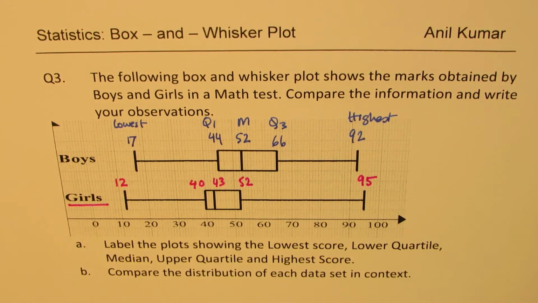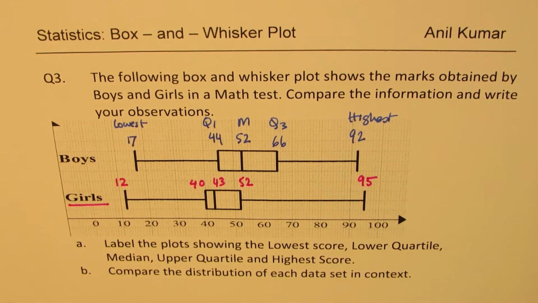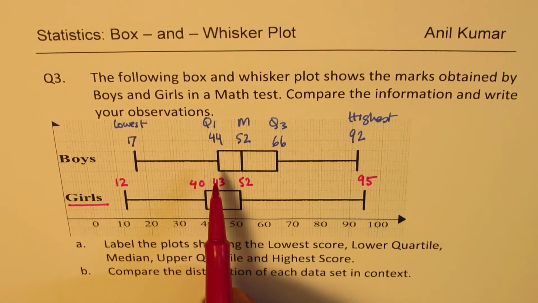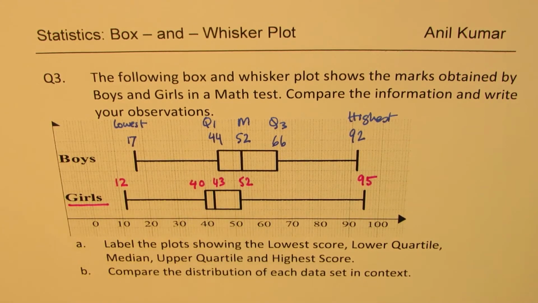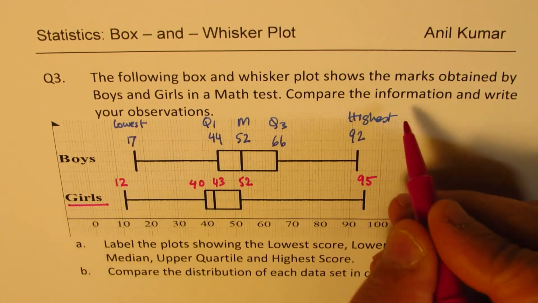Now, whenever you're trying to compare, it is better to use the technical terms and then write down the description, right? So this block here represents the most representative half, right? So what we see here is that the most representative half of boys scored higher than the most representative half of girls, right? So that is one good point.